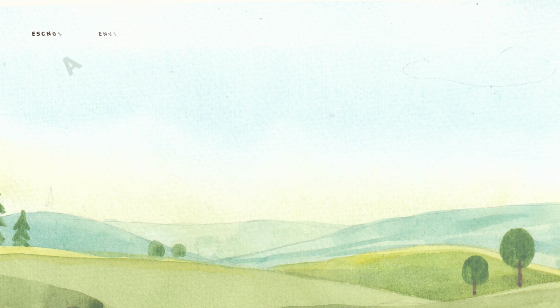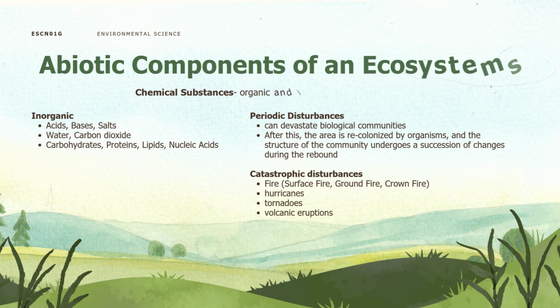Now, let's proceed to the last abiotic components that directly affect an ecosystem, and that involves chemical substances, both organic and inorganic. So if we are focusing on the inorganic substances, well, obviously, we have acids, bases, and salts. We also have water and carbon dioxide, and the biomolecules, which are the carbohydrates, proteins, lipids, and nucleic acid.